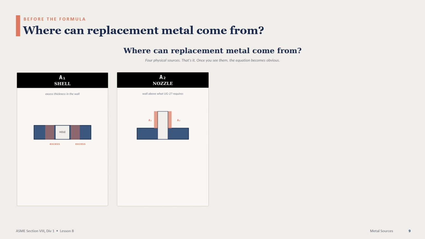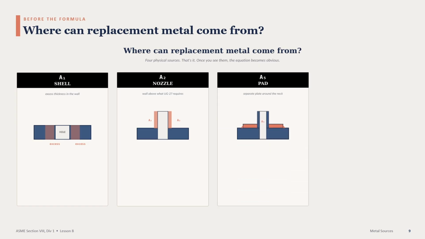The extra metal projecting outward above the shell surface counts as A2. If the nozzle projects inside the vessel, that inward metal counts as A3, though most nozzles don't have inward projection.